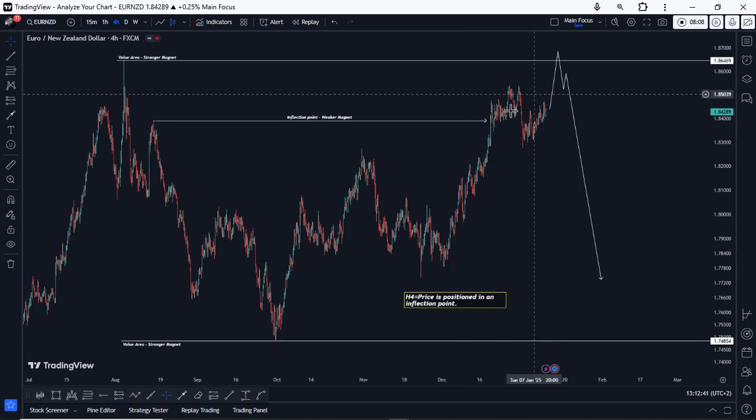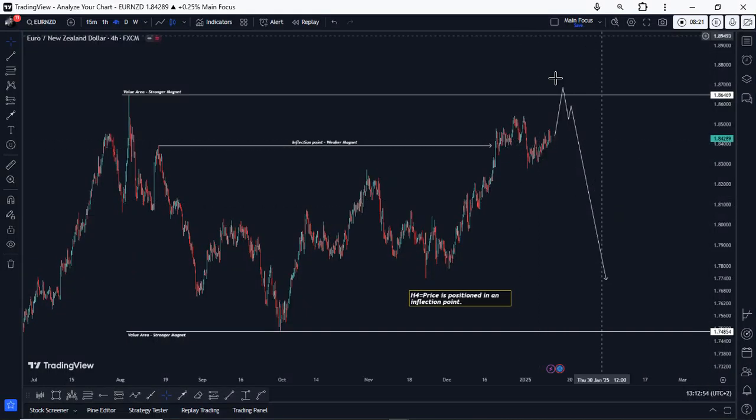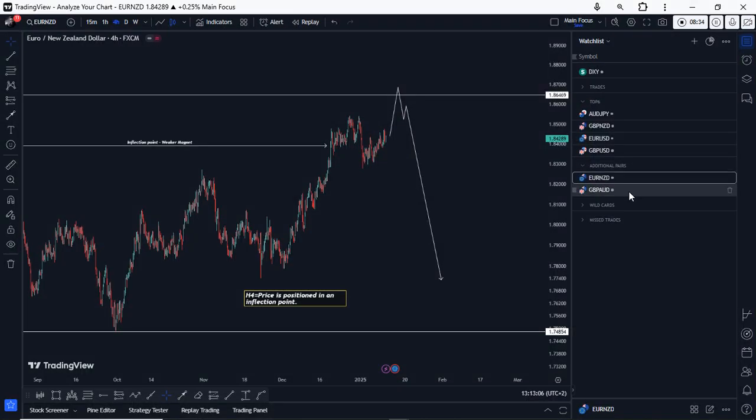Right here, price was showing an indication for bearish momentum, but however, it is now beginning to stall, so it is consolidating. So it is more like creating a steep towards the top and to reach this value area, and we'll be looking for shorts as soon as it either taps or moves above and returns back in. That is my view on euro NZD.